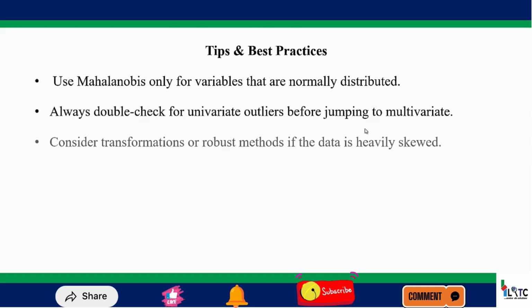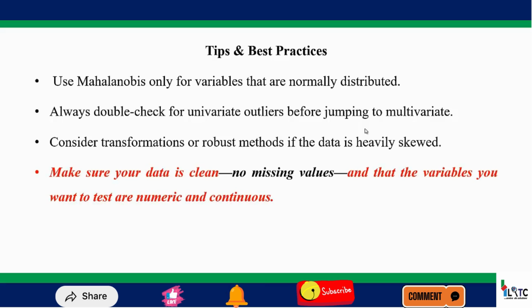There are some things that you need to take note of. The first is that this particular approach is used when your variables are normally distributed. I've said it earlier. And also, before you remove any multivariate outlier, you must check very well. So always double check for univariate outliers before jumping to multivariate outliers. What this means is that before you make use of this particular approach, you can use the box plot approach first.